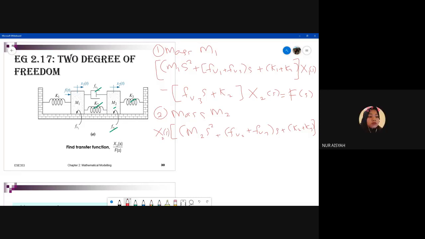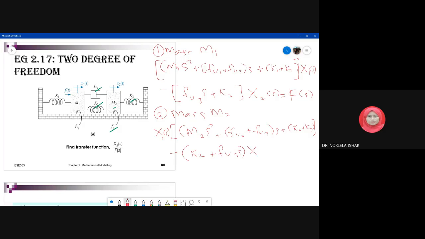Right. And minus with apa? Two impedance between X1 and X2. So now we minus with K2 plus FV3S, ada S the impedance, okay?